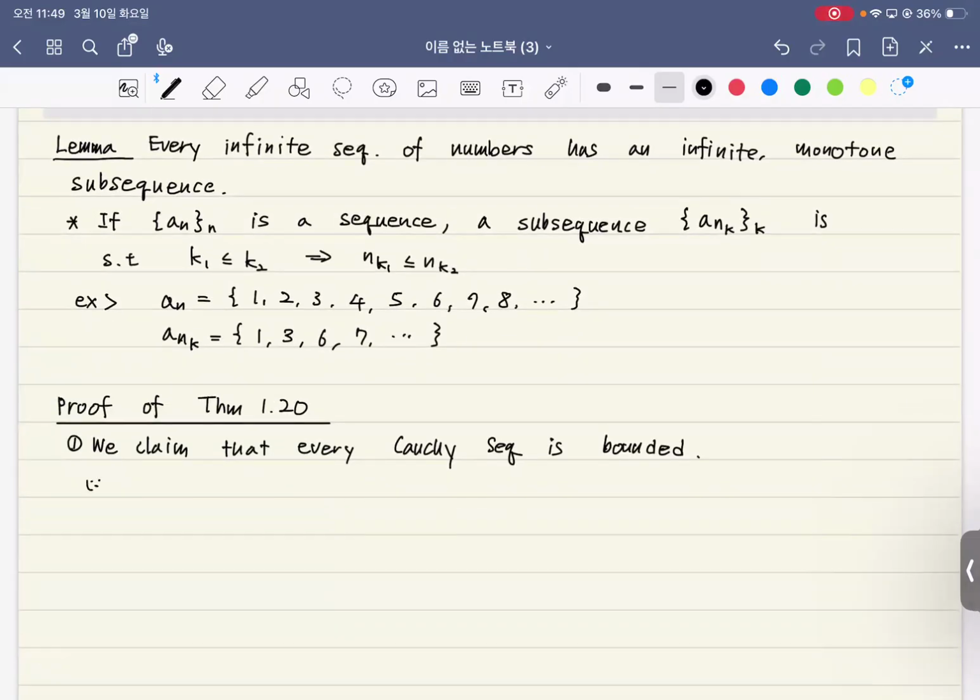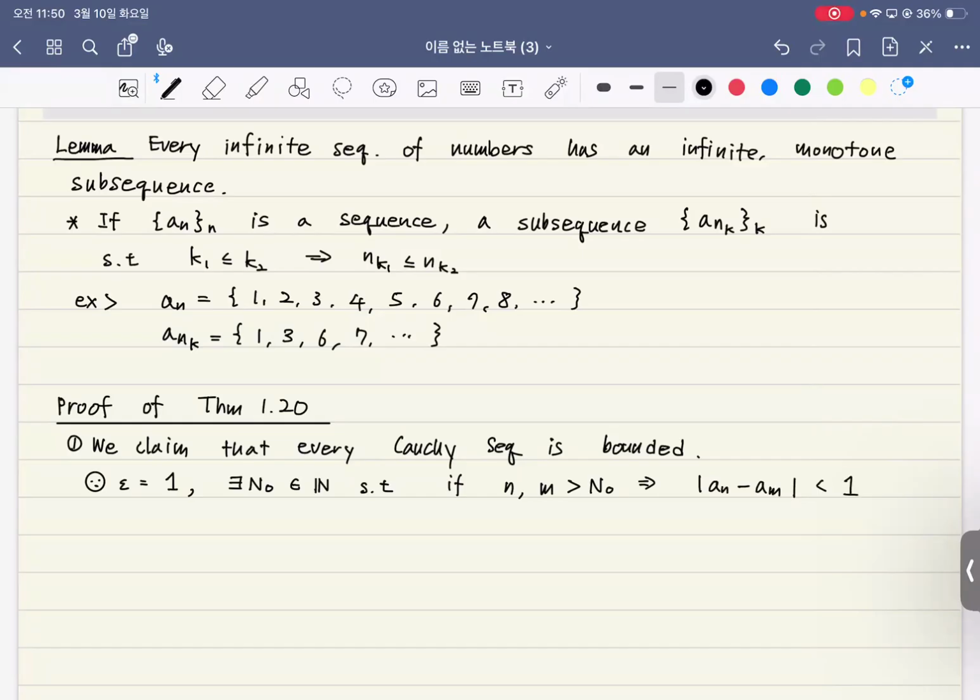Why is that? Choose any epsilon. In this case, for simplicity, I choose my epsilon to be 1. Then for this epsilon, I can find a positive integer n0 such that if two indices are bigger than this integer, then |an - am| is less than 1.